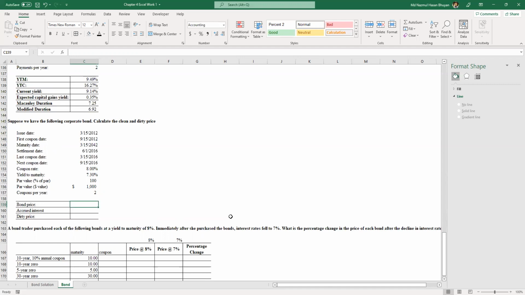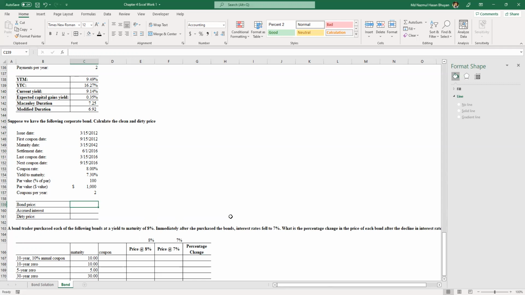The reason is this: somebody who holds the bond right now already took the last coupon payment, and they are still holding the bond. Now you are purchasing that bond in between two coupon dates, and you are the one who will receive the next coupon payment.